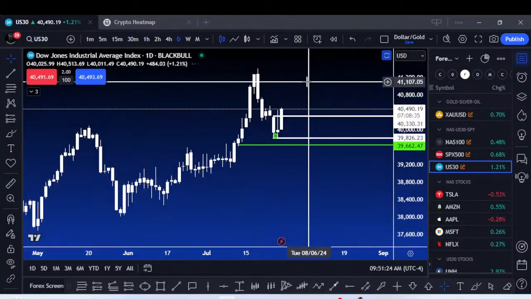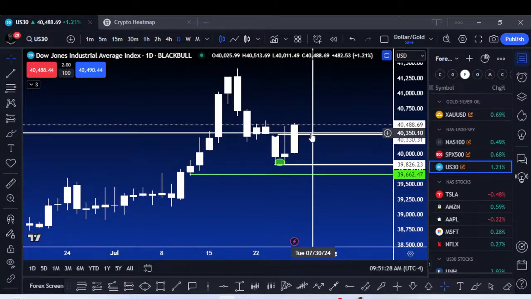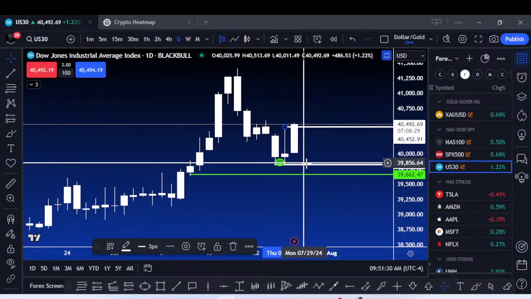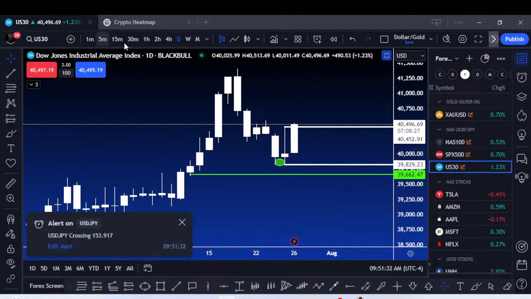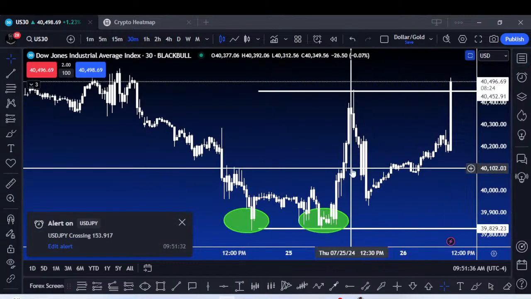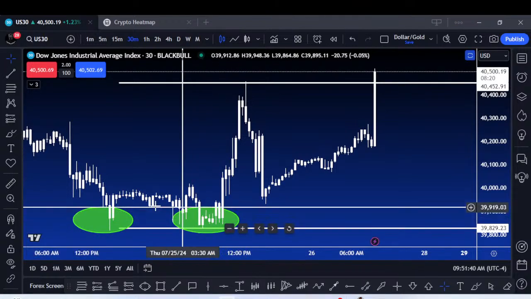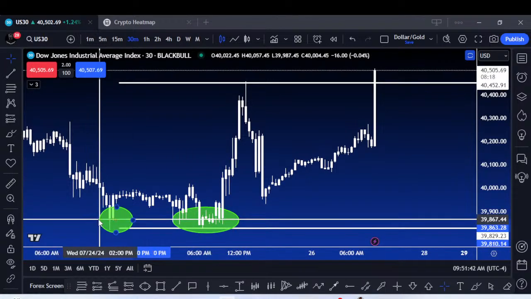Last but not least, US 30. So definitely looking bullish and not like NAS and SPY. There goes that double top, double bottom, and then we took off.